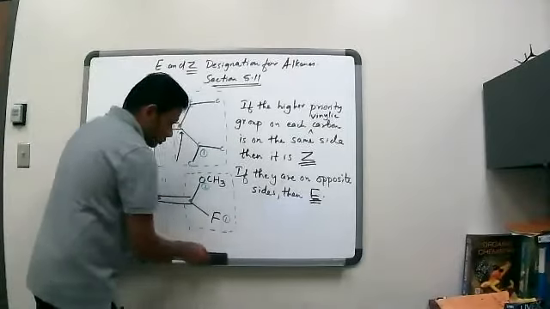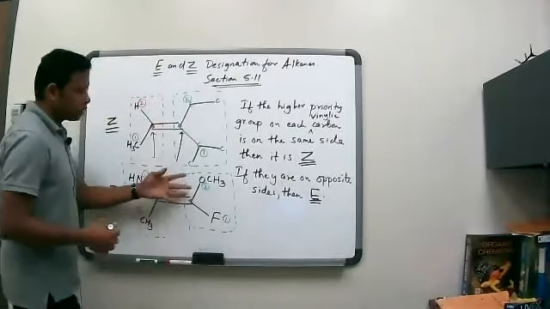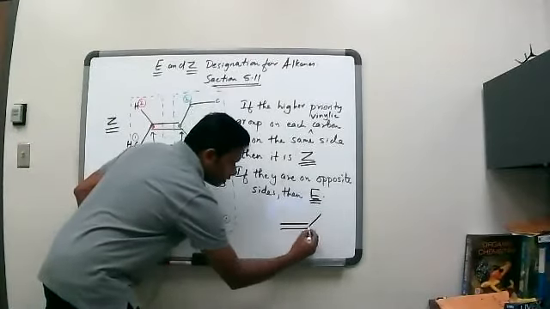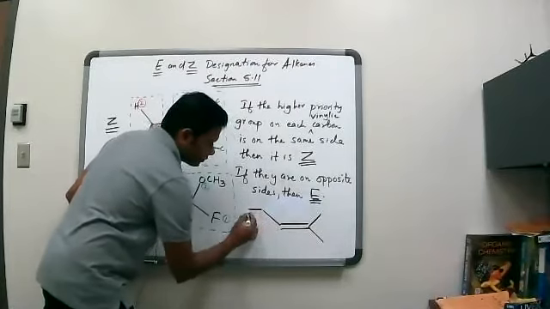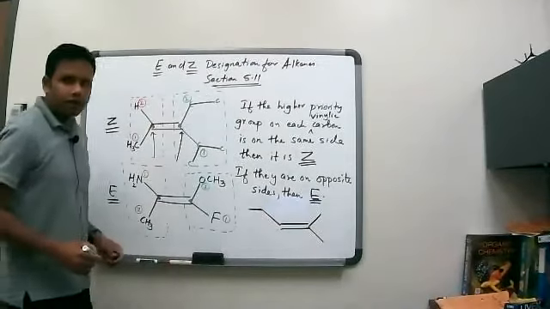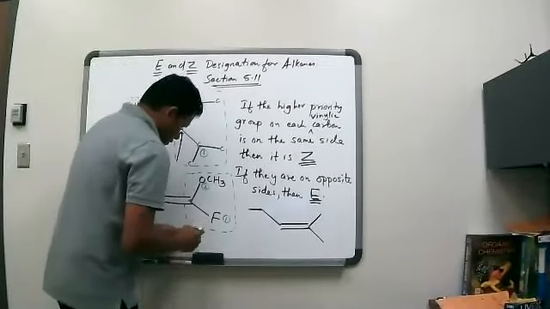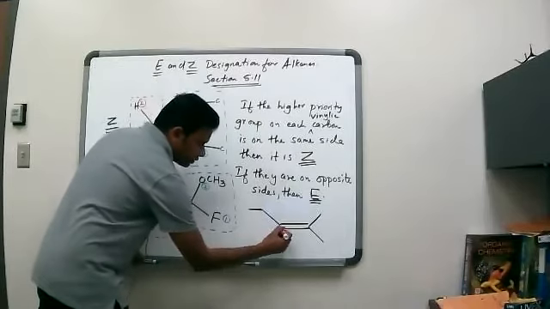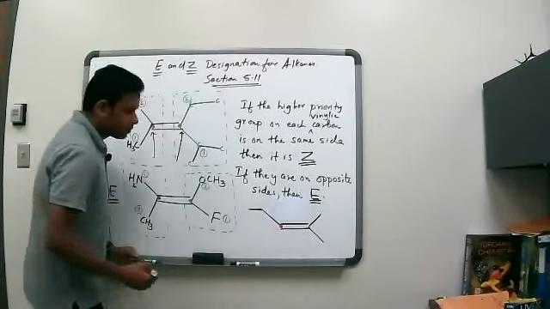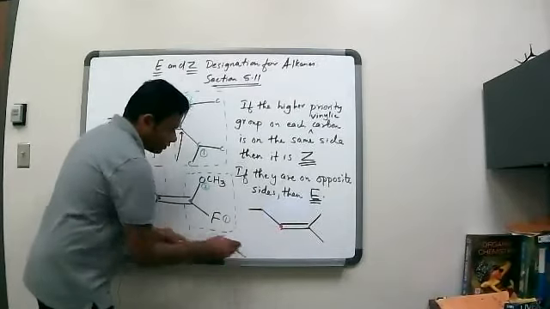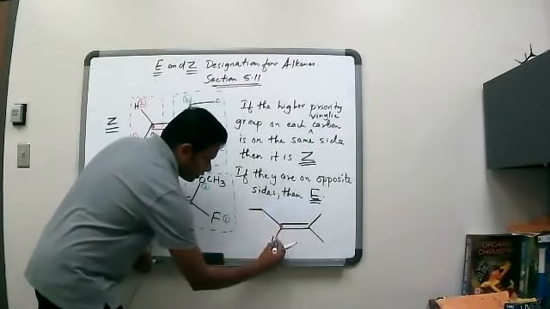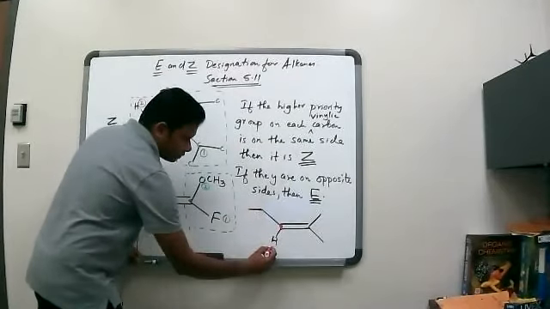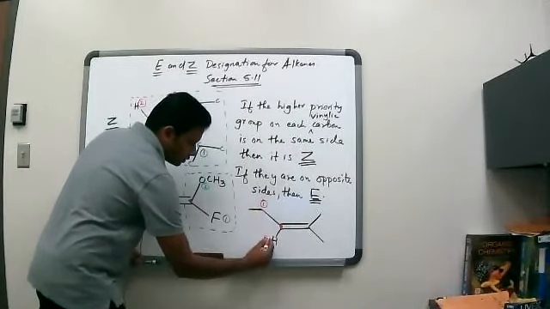Now, quickly, I'll show you an example why it would not apply when you have two of the same groups. So if I have an alkene like this, let's say that's my alkene. Now, when I consider this first vinylic center, we have an ethyl group versus a hydrogen. So this is 1, this is 2.